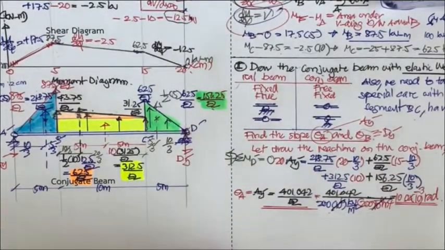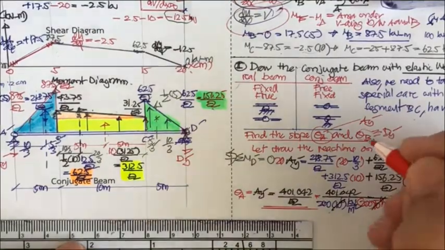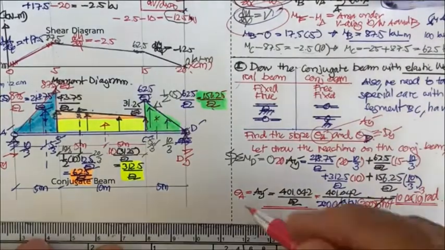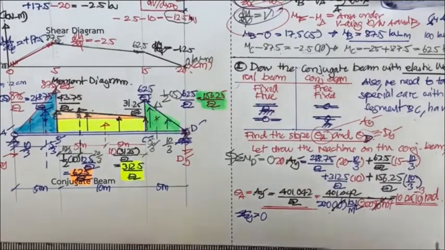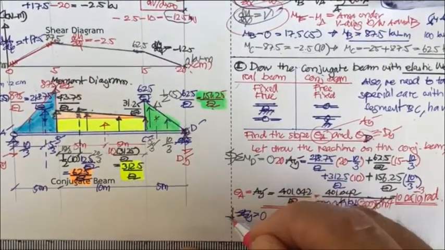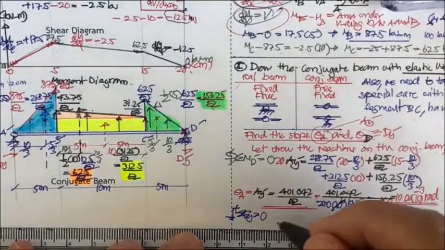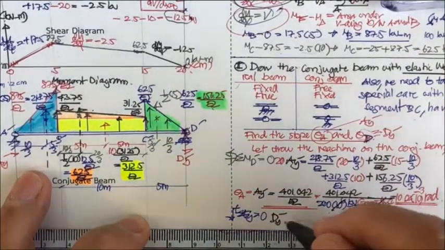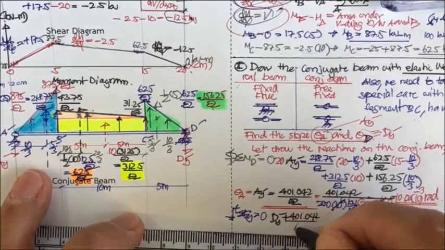the form of an equation. And if you like, you also can determine the theta sub d, not theta sub b, sorry, theta sub d. Okay, next we just use the summation of F sub y equal to 0. What we have is downward is positive, so D sub y prime is downward, and this one plus 401.042 divided by EI.